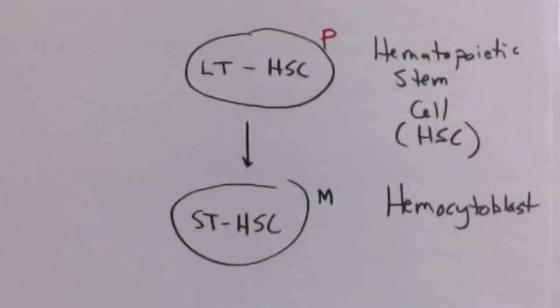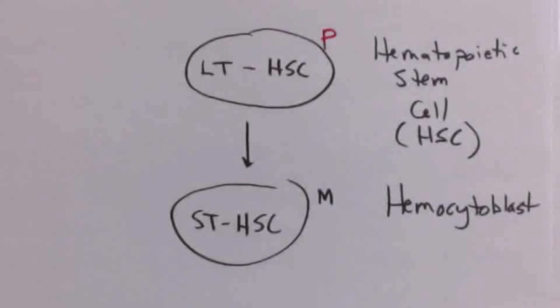So this is what we're really going to focus on. These guys are fairly interesting, right? They are multipotent stem cells. They don't just live in the red marrow. It turns out they can jump out of the red marrow, travel around the body for a bit, and then enter another red marrow.